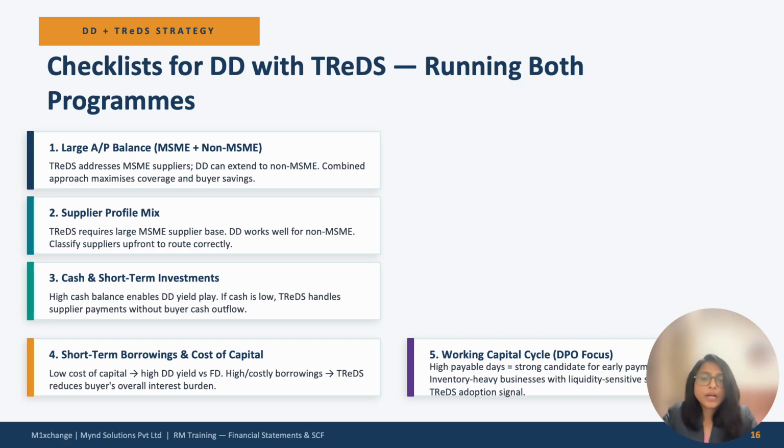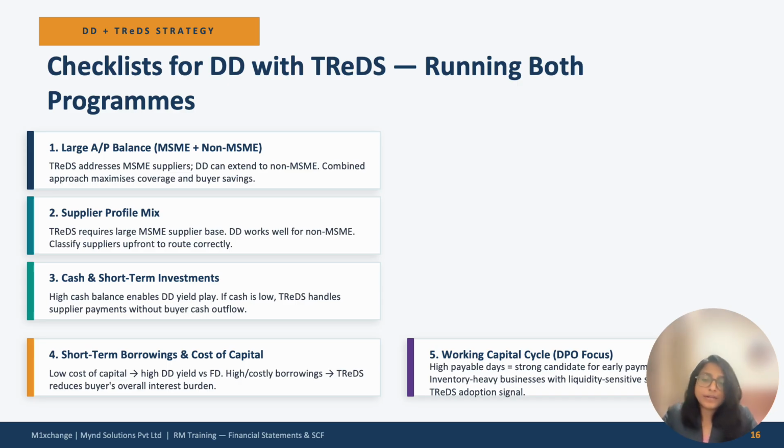The next is your working capital cycle. If the days payables outstanding is high, the vendors are getting their payments late.